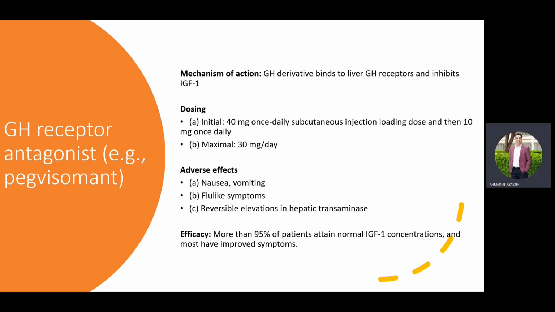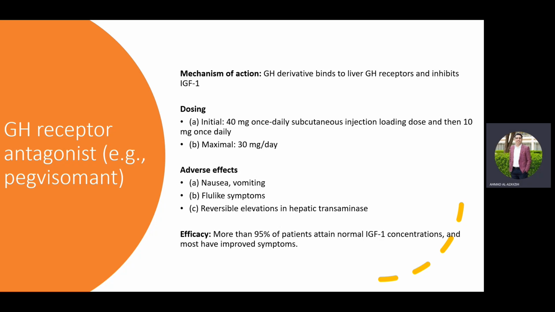Side effects: injection site related symptoms, as well as flu-like symptoms, nausea, vomiting, and it could affect the hepatic transaminases, AST and ALT. In this case, it's good to check the liver function before you start such a treatment.